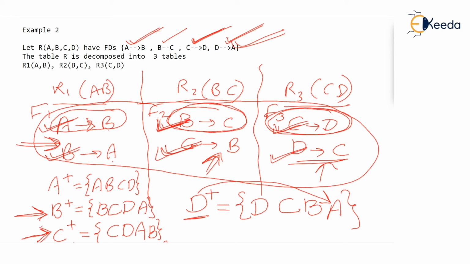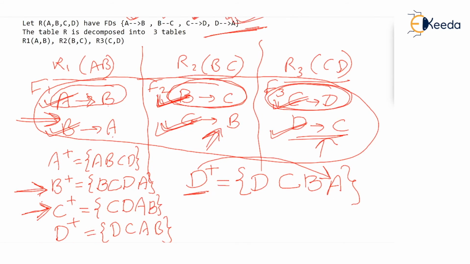Now the other way of determining this: D determines A was not there directly. But you could have said D determines C is given by the F3 set, then D determines B is given by the F2 set, and B determines A is given by the F1 set.